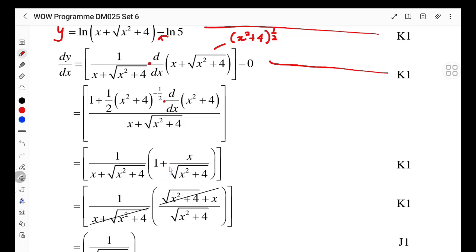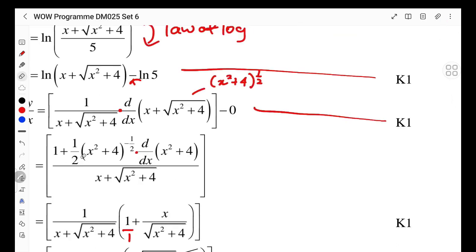So here, you can see that you need to differentiate inside the bracket.